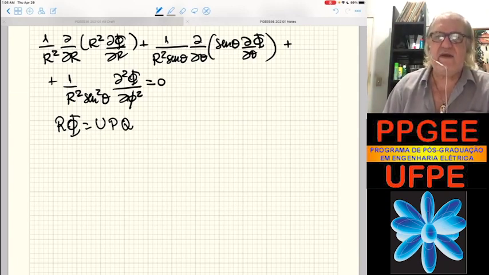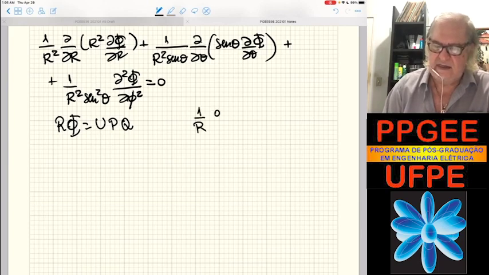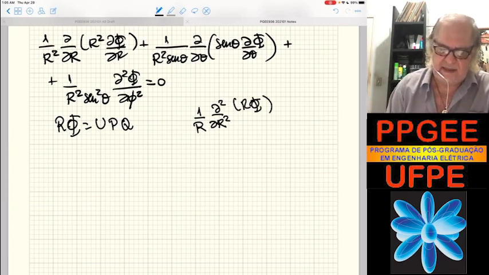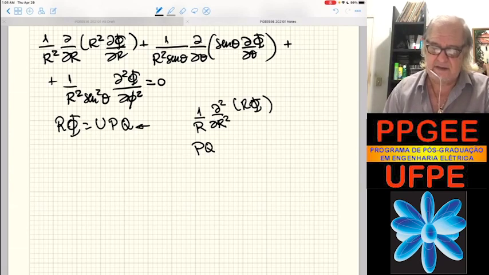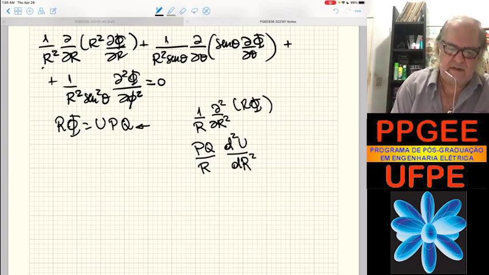And then we have a radial derivative, 1 over r, the second derivative, in fact, partial, of r phi. When we do that, PQ goes out of the derivative because it doesn't depend on r, right? So it's going to be PQ over r, the second derivative of U. That's this first term here.